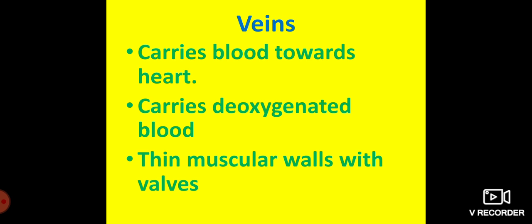So arteries carry oxygenated blood or oxygen rich blood, except the pulmonary artery, which carries deoxygenated blood.